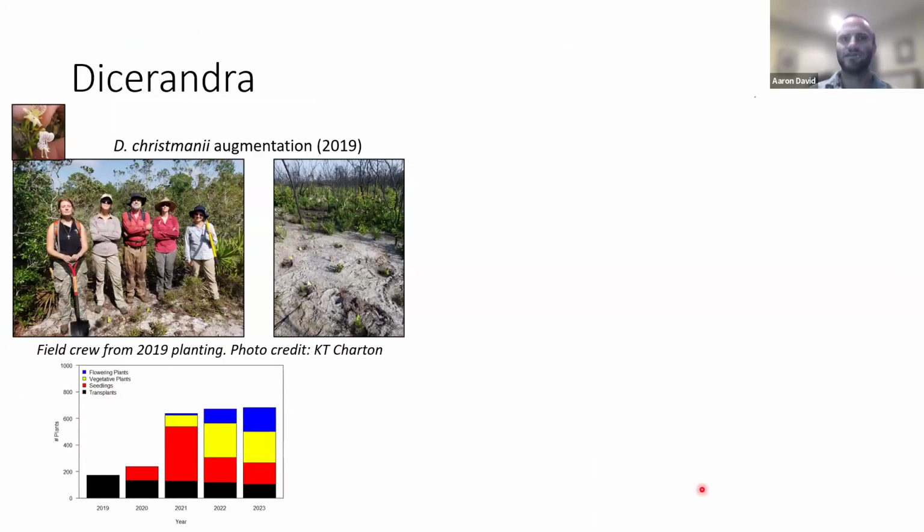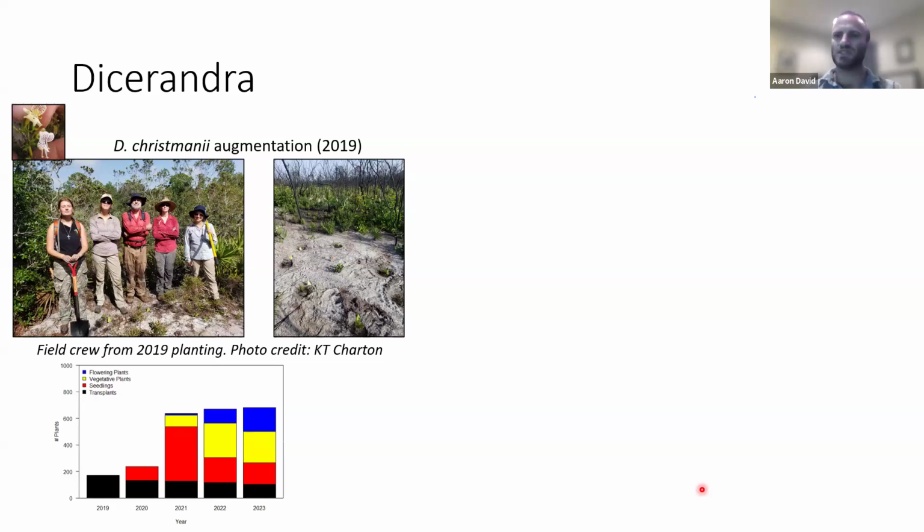And so we've done a lot of monitoring of these populations. I'll just highlight a few of the conservation efforts. So here's one from Dicerandra christmanii. This is the one native to Sebring and Avon Park. So we last did an augmentation back in 2019 by putting out a combination of transplants and seeds.